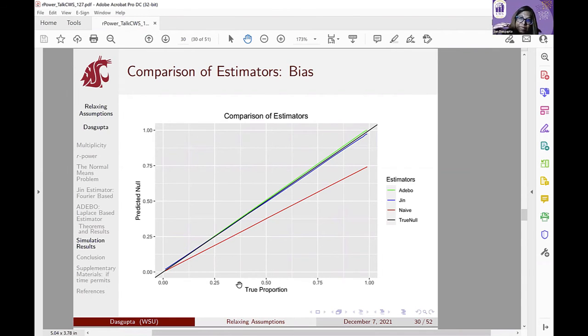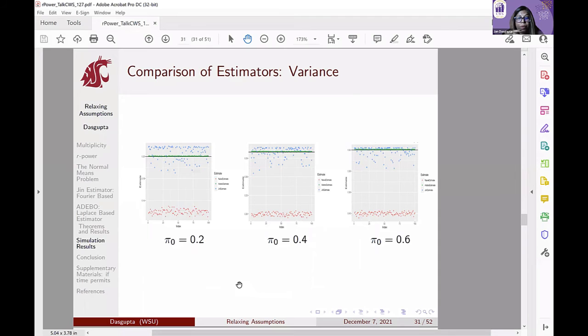And the overestimation gets worse as the number of nulls gets bigger. But you can see it's really, really close in terms of what the estimate is. But again, where our estimates really come in is the variance. So the red is the variance of the naive estimator.